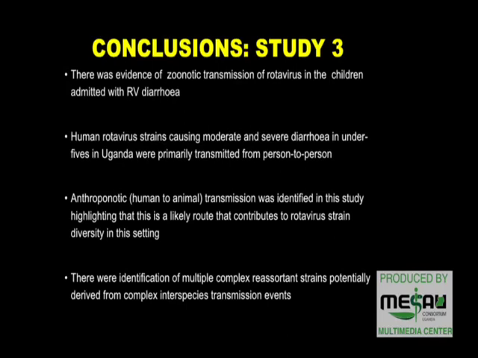So the zoonotic transmission was really scattered. We also saw human to animal transmission in our setting. Remember, we had the cow where all the genomes were similar to those of humans, and also the pig which had some genes similar to humans. So we identified multiple complex reassortant strains derived from complex interspecies transmission of rotaviruses in our setting.